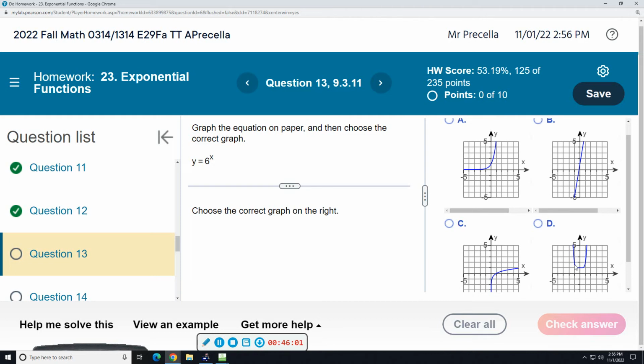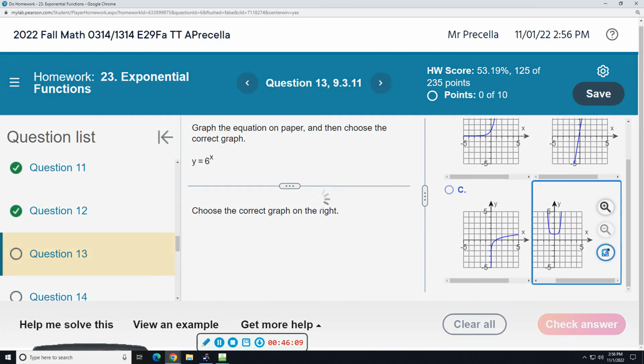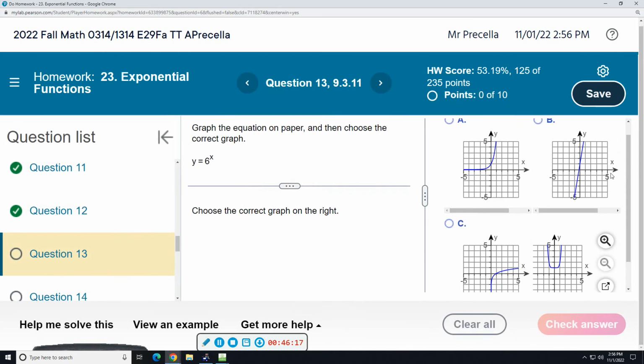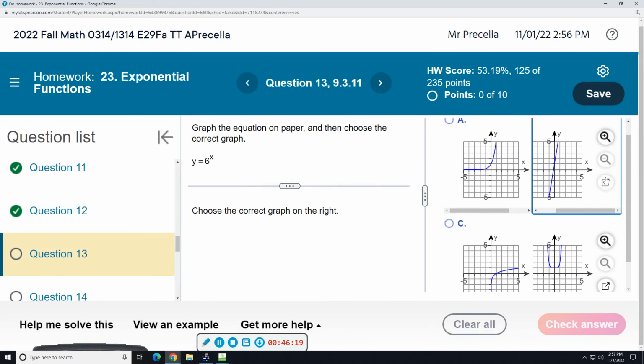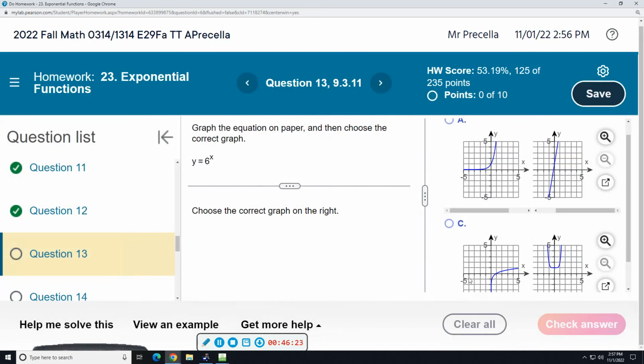Well, this looks like a parabola here, doesn't it? Answer D. Let's see, can I blow that up? There we go. See, that's not the shape. It can't be B because it's a line, and that would be linear. And it can't be C because it's pointed the wrong direction. It doesn't have that shape.